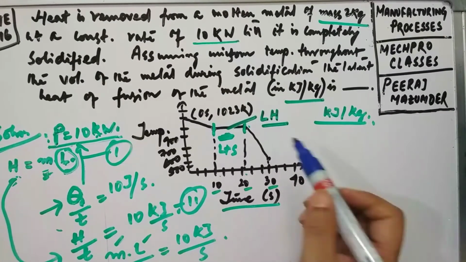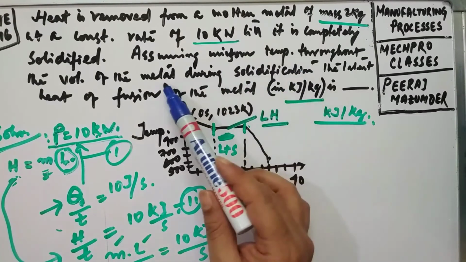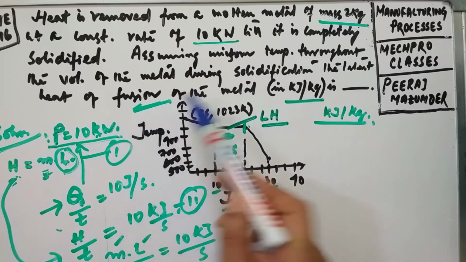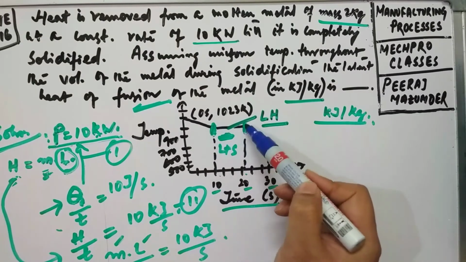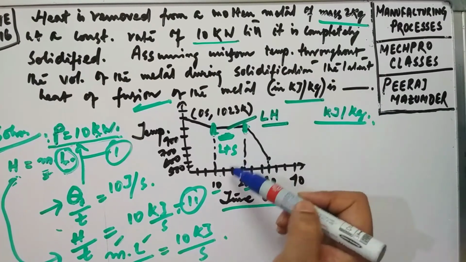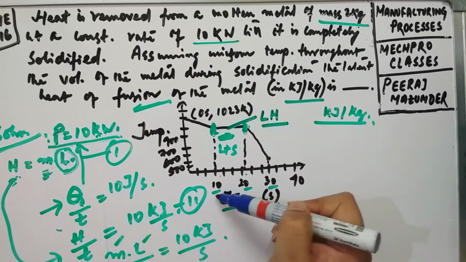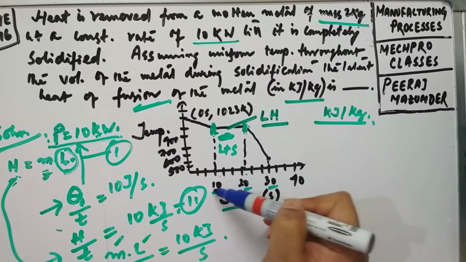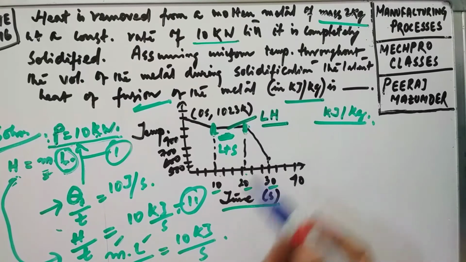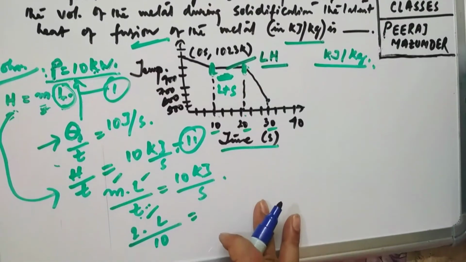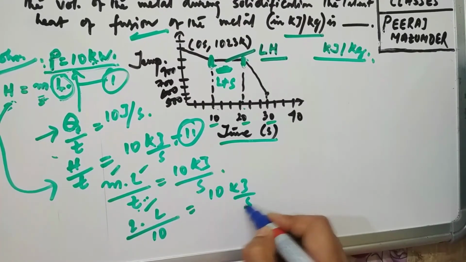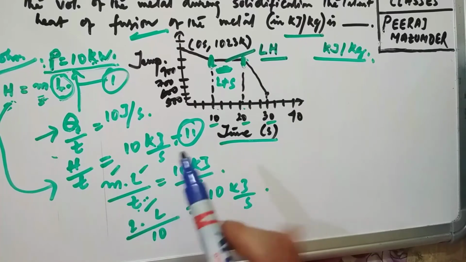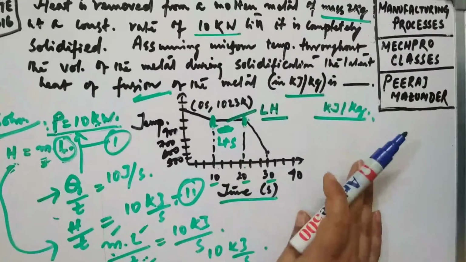Now the time. It says latent heat of fusion, and latent heat of fusion occurs only in this area. So for time you have 20 and 10, the difference is 10, so you can simply write it as 10. Once again, mass is already given as 2 kg.